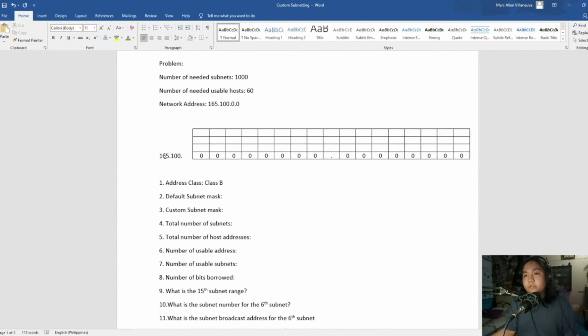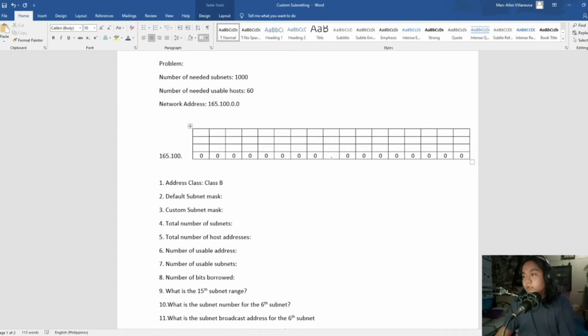So here we already converted our hosts into 16 bits in total, 8 bits each per 0. Now we're going to write the decimal values. We're going to make it something like, let's say, blue.